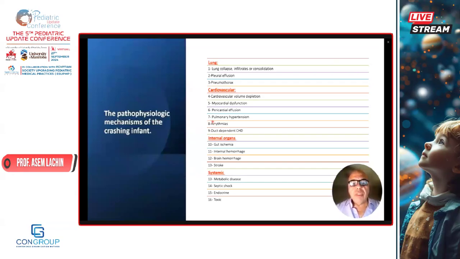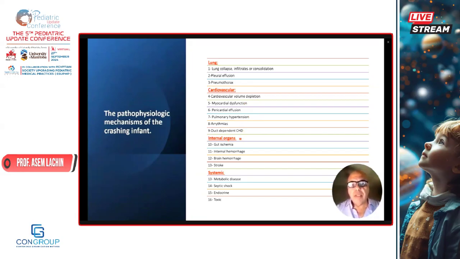The pathophysiologic mechanisms of the crashing infant include lung collapse, infiltrate or consolidation, pleural effusion, and pneumothorax, which are of lung origin. From the cardiovascular causes: volume depletion, myocardial dysfunction, pericardial effusion, pulmonary hypertension, arrhythmia, and of course duct-dependent congenital heart disease.